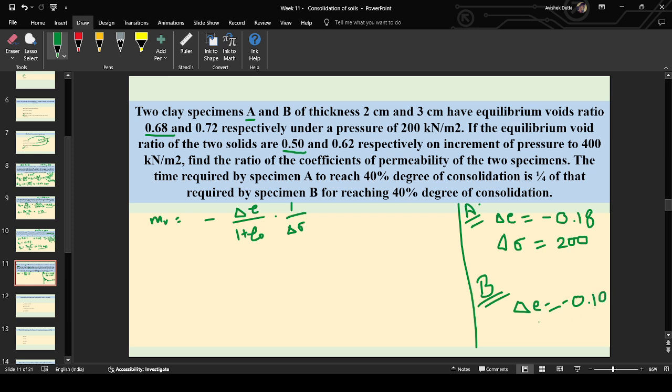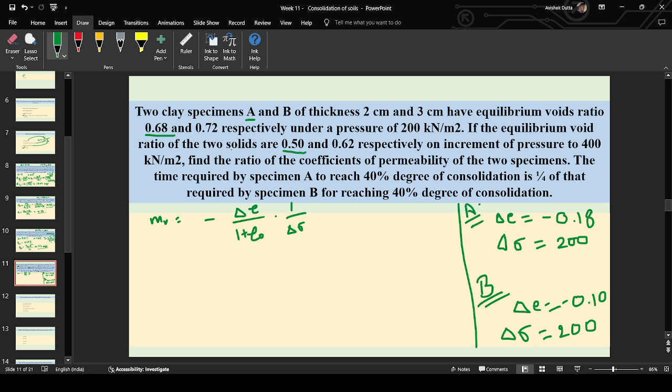Void ratio is obviously not negative, but I am considering the change in void ratio. The final is lesser than the initial, that's why. And here also the increment in stress is 200, because it was initially 200, then became 400.